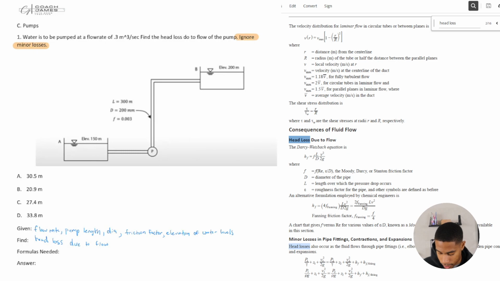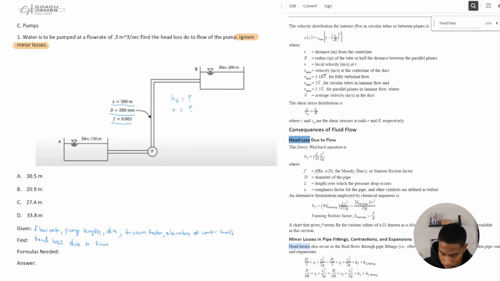So we'll just write out the information that we're given. HF is equal to question mark. We have F here. We have L here. We also have D here. V is equal to question mark.